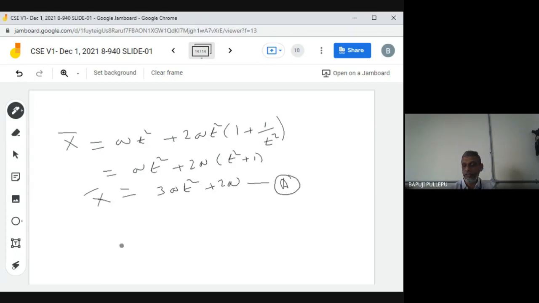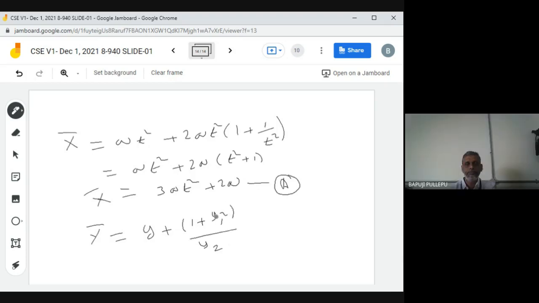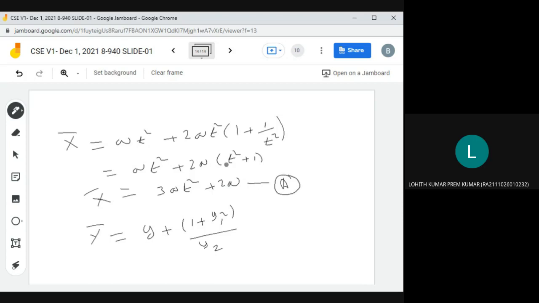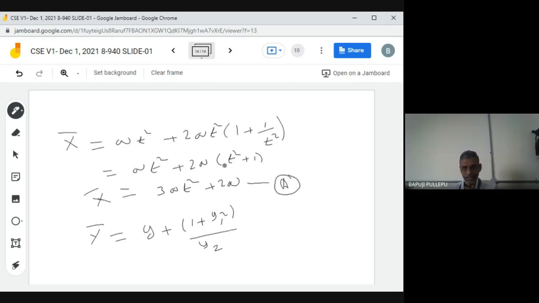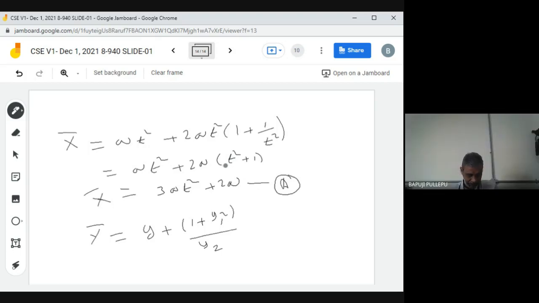Come on, y bar, find out. What is y bar? So y is equal to 2at. Y is equal to minus 2at cube. Minus 2at cube. 2at, 2at cube. Yes, 2at cube.